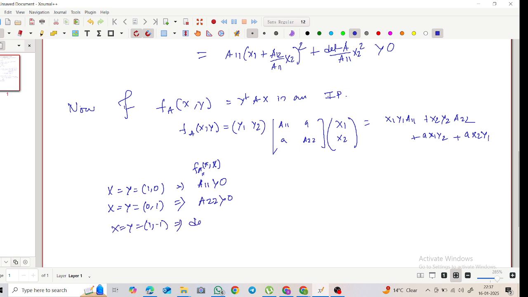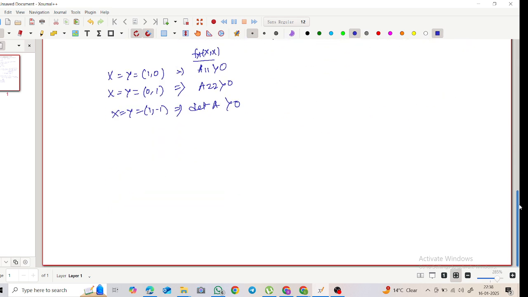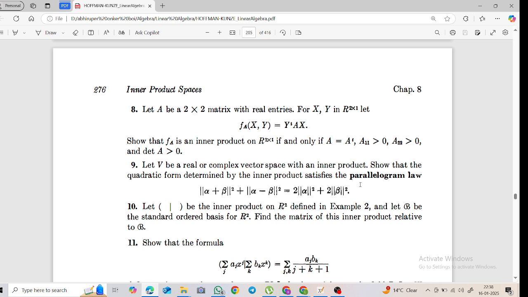Then you will get determinant A is greater than 0. This is the calculation for just f(A x, x). These sort of matrices are called positive definite matrices. We will come on to these things in a few classes.